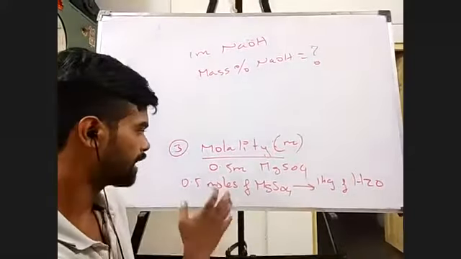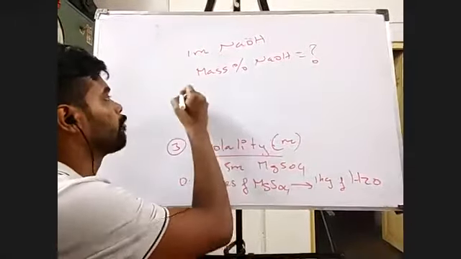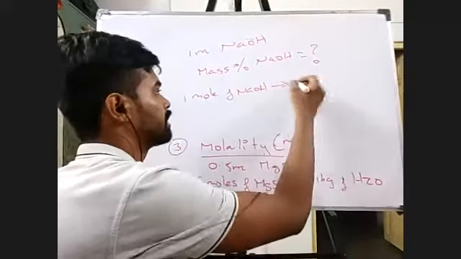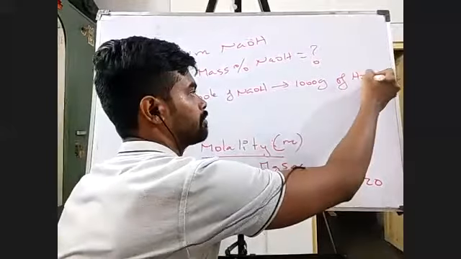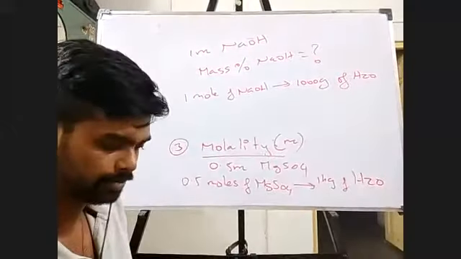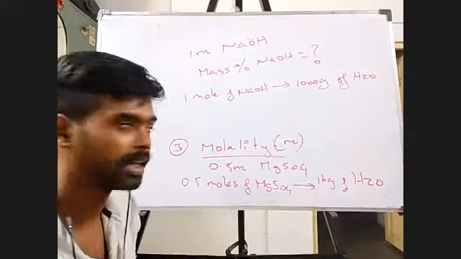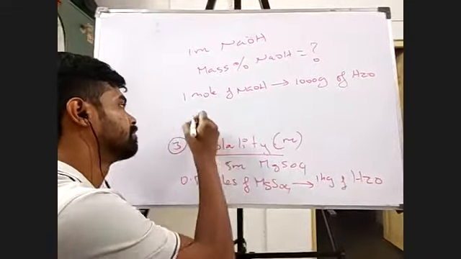Again, I can take the same definition. Can I say I have 1 mole of NaOH present in 1000 grams or 1 kg of water? Okay, 1 m NaOH means 1 mole of NaOH dissolved in 1000 grams of water. Correct?